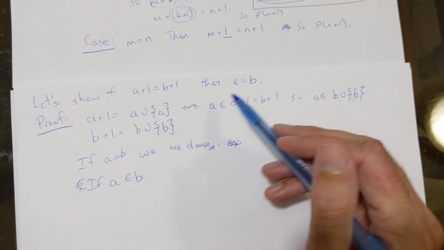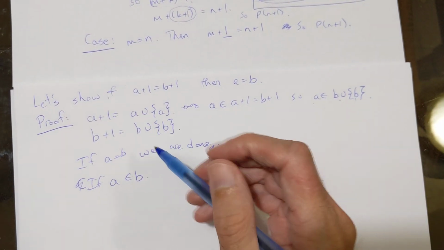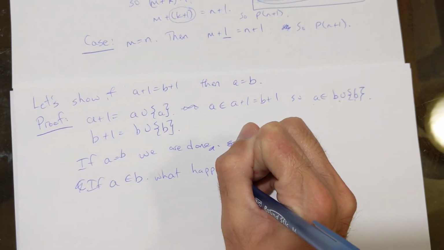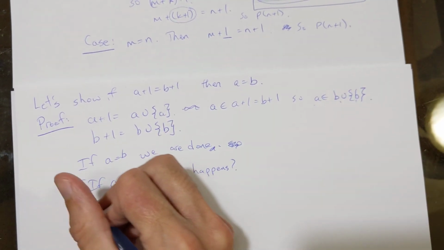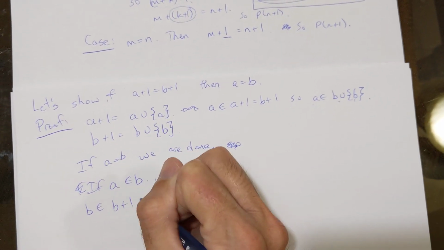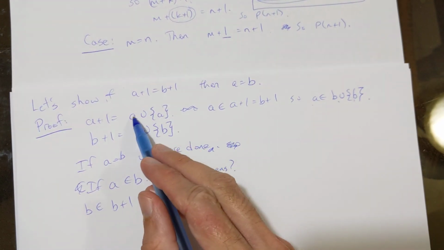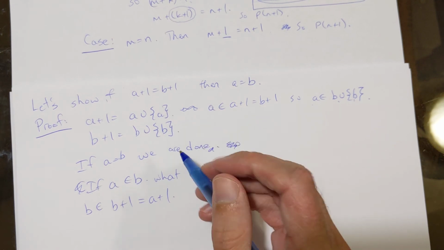Well, we can do the same thing. We can look at b is an element of b plus 1. Let's just see what happens. b is in b plus 1, and b plus 1 equals a plus 1. a plus 1 consists of a union the singleton of a.